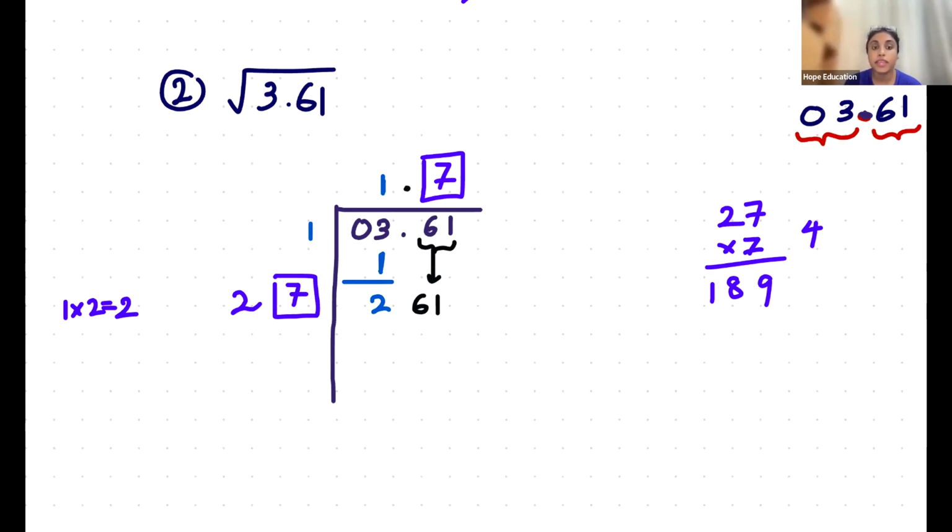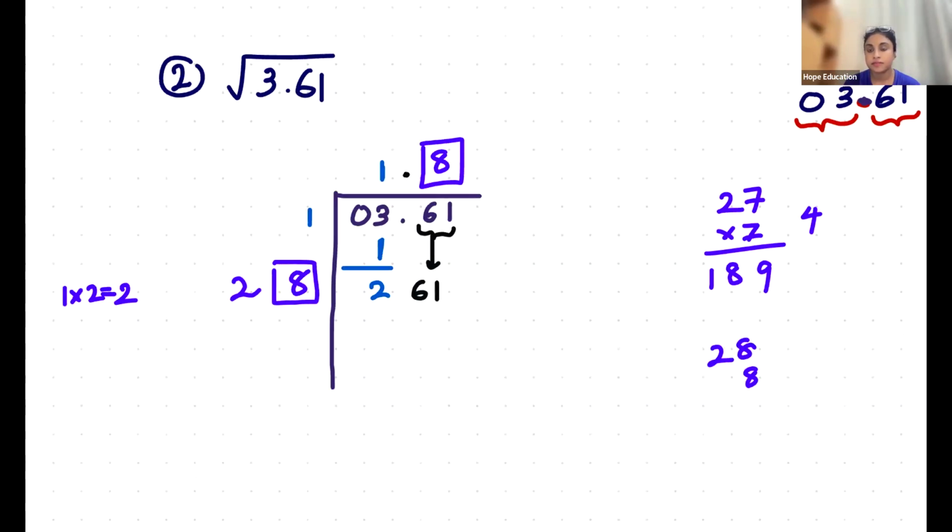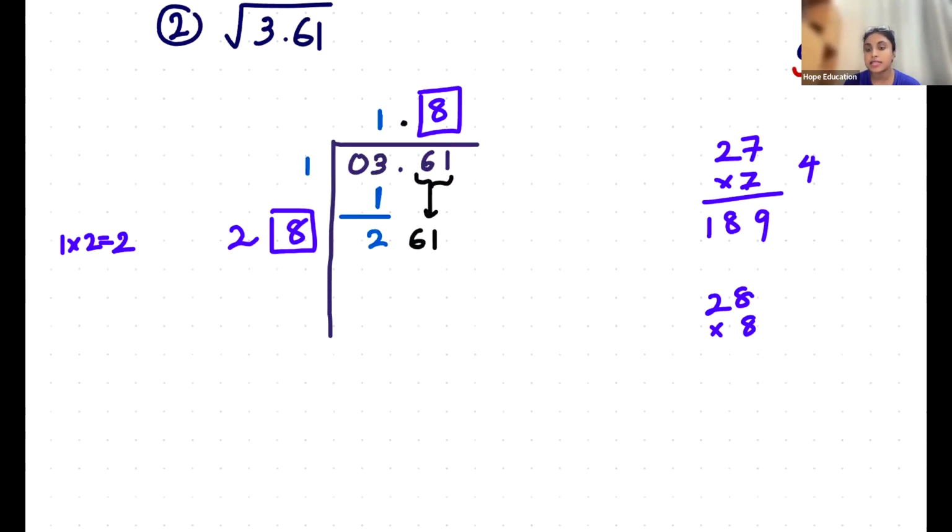I will try putting 8. Here 8 and 8. So that means 28 times 8. We'll see. 28 times 8. 8 times 8 is 64. 8 times 2 is 16.